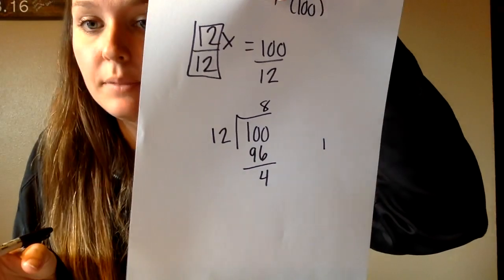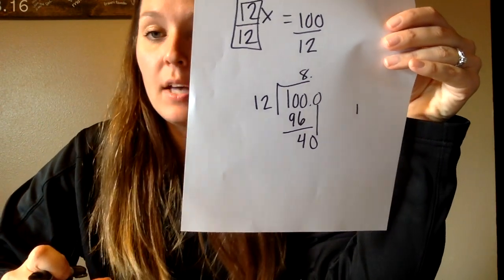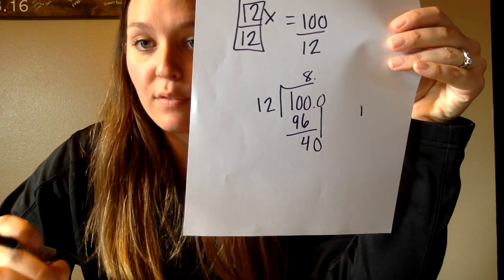So we take 12 times 8, and we get 96. That's pretty close. So we do 8, and we have 96, and we have 4 left after we subtract. Then we add our decimal place and our 0. Bringing down the 0, we're at 40. How many times does 12 go into 40?